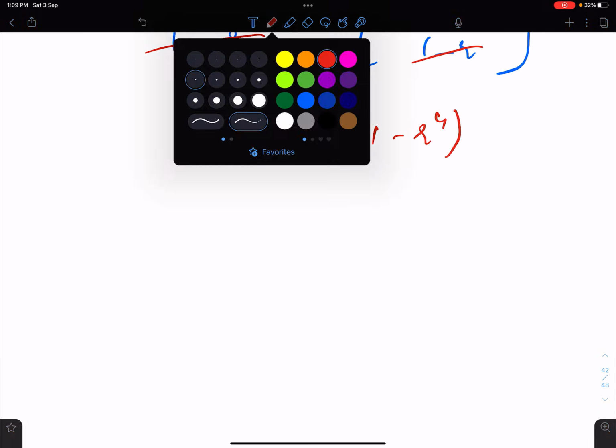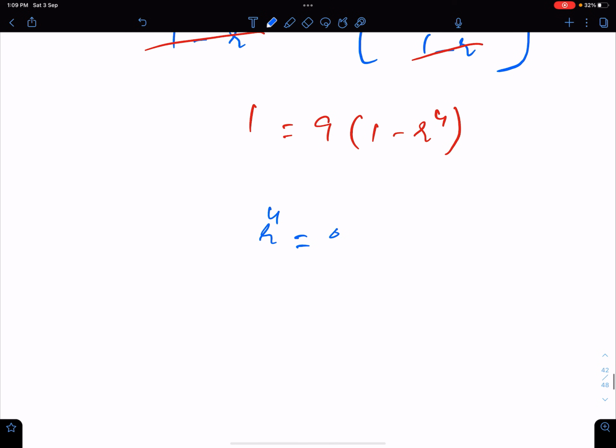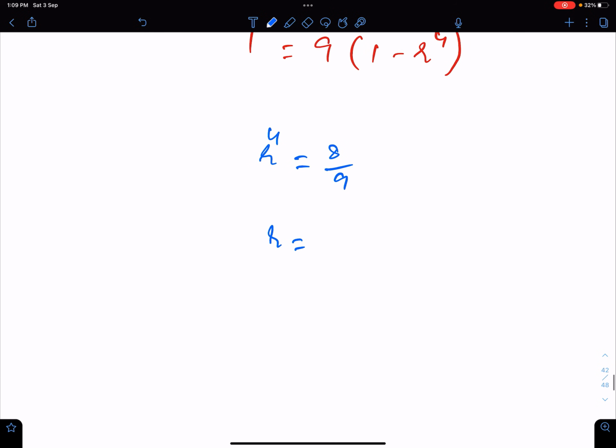When you solve this, you will get the value of r, which is r to the power 4 equals 8 upon 9. Or you can say r is the fourth root of 8 upon 9.